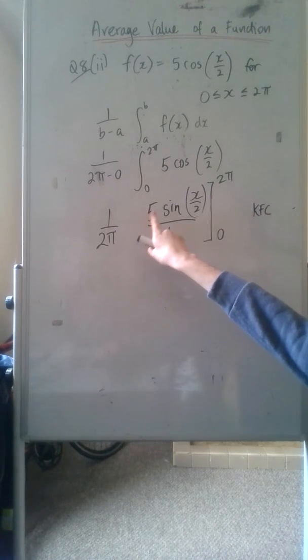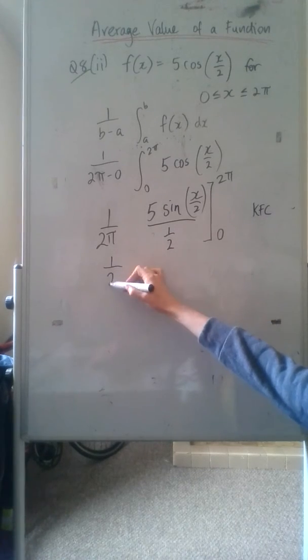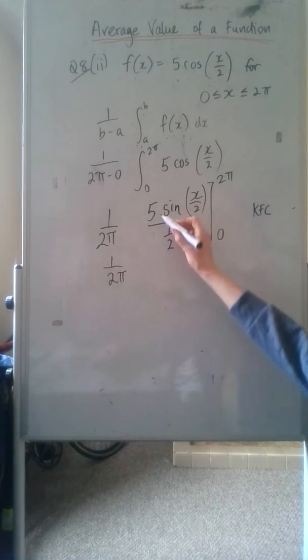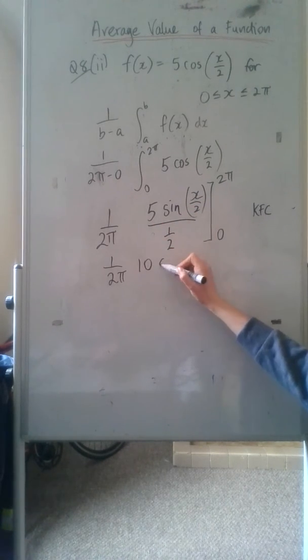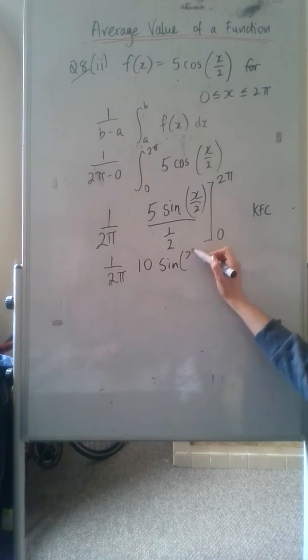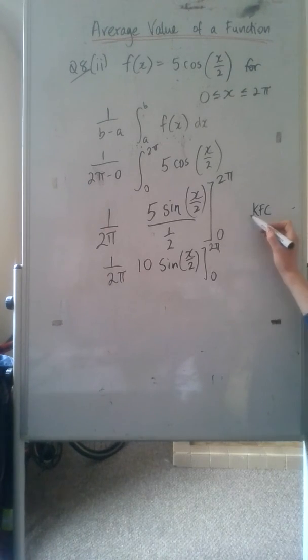So all of this multiplied by 2 is going to give you 5 times 2, which is 10 sine x over 2. And that is a lot simpler to see and deal with than the above. I've just pointed out that that's what I've done to get there.